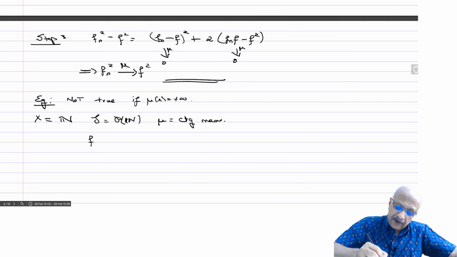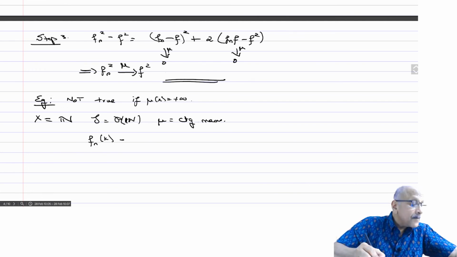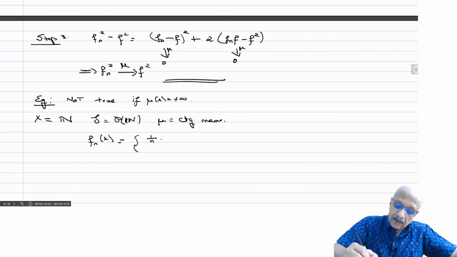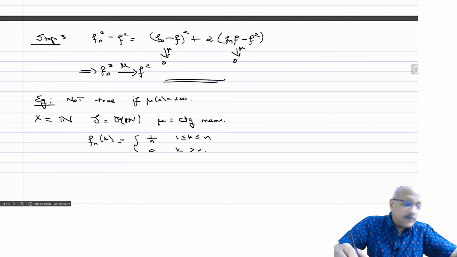Now you define f_n(k) equals 1/n if 1 is less than or equal to k less than or equal to n, and 0 if k is bigger than n.